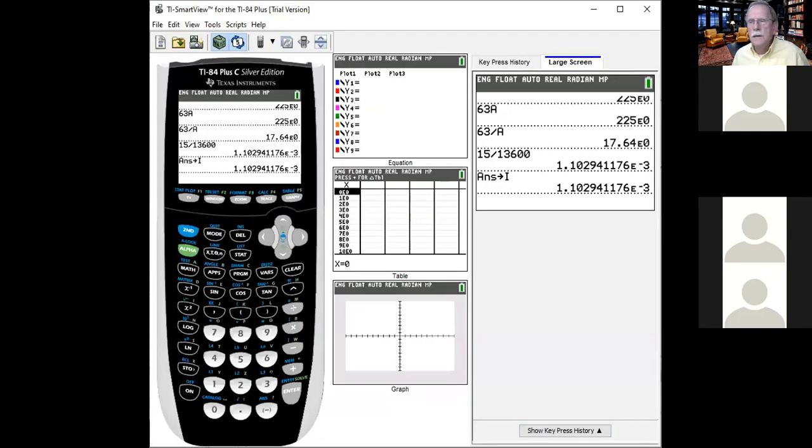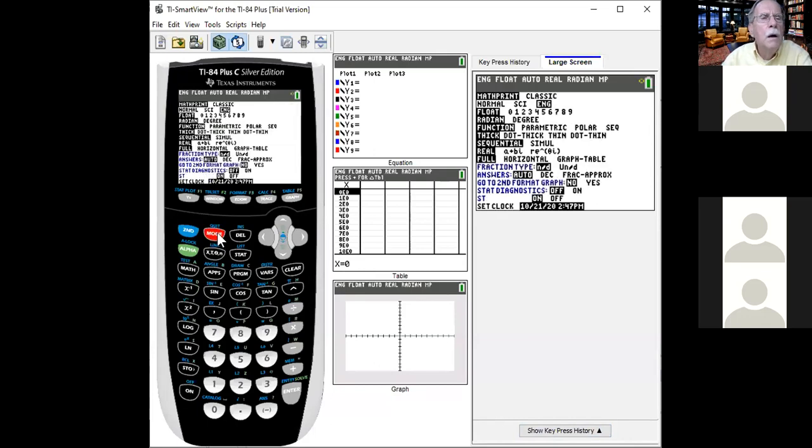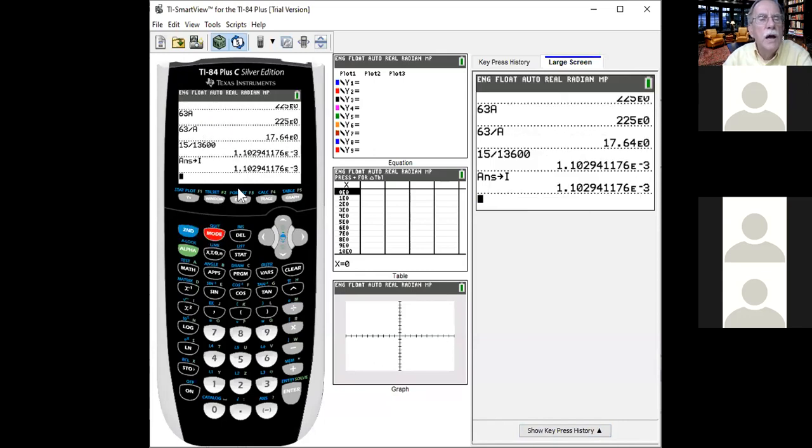Okay, you should be seeing the TI calculator now. So if you click on mode and go down to where it says engineering, click on it. Mine's already in engineering. Okay, so that's highlighted. Then click second function quit, which takes you out of mode. Now, anything you do should give you answers in engineering notation.